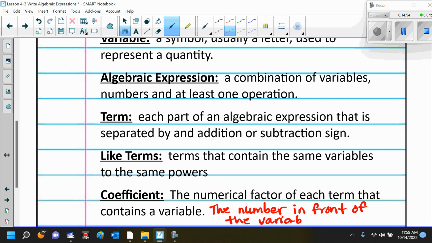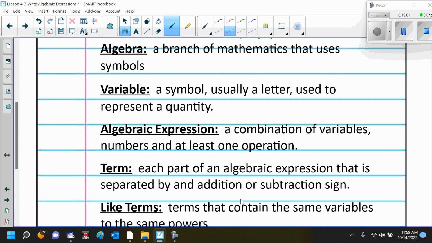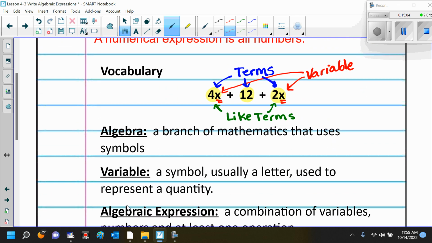In algebra, you will see coefficients, terms written like this. See, we have a 4x and a 2x. The number in front of the variable is 4 and 2. So 4 and 2 are my coefficients. Make sure you write that down.